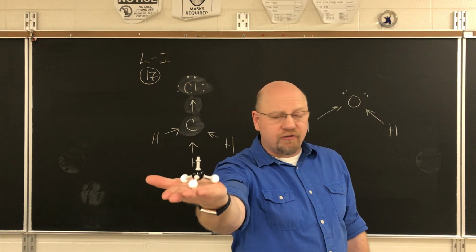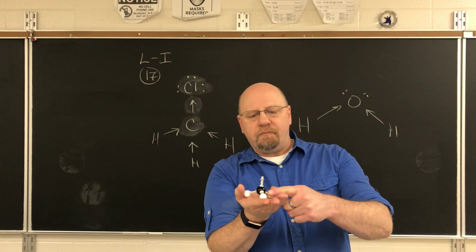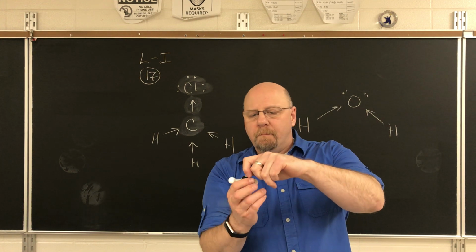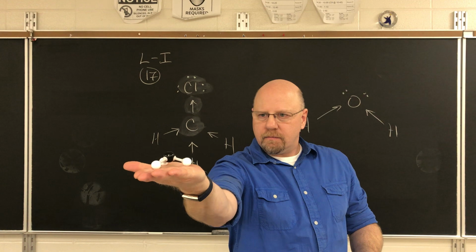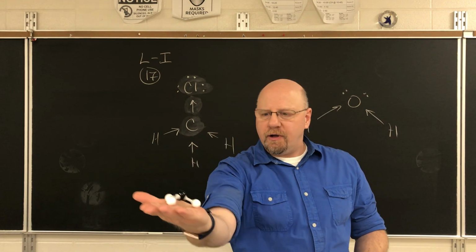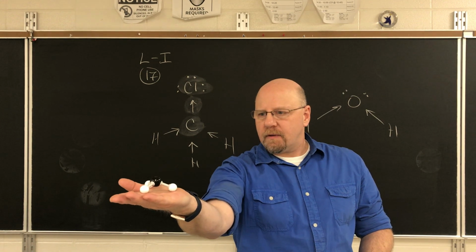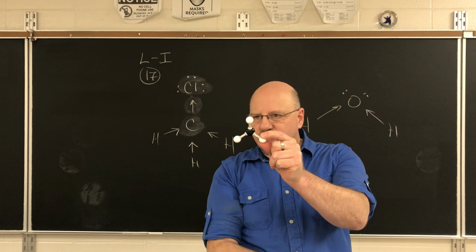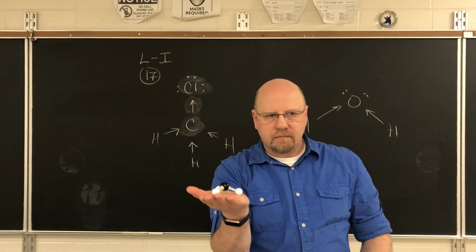Again, still tetrahedral, based on the electron groups. But if we look at just the atoms now, definitely different than a bent. It's three-dimensional, and we call this a trigonal pyramid, because it looks like a little pyramid, and it's got a triangular base to it. Questions?